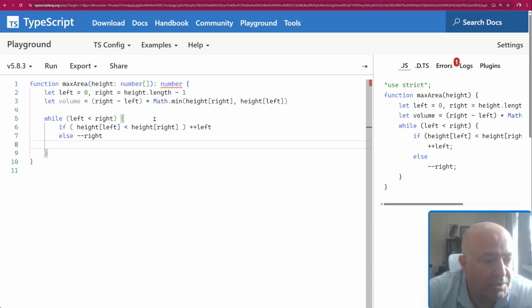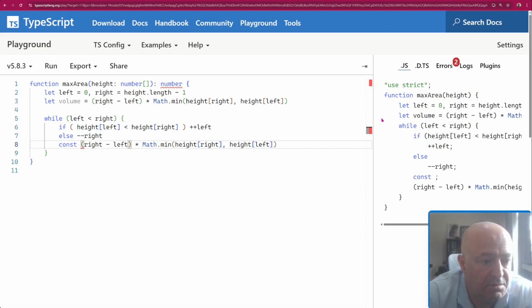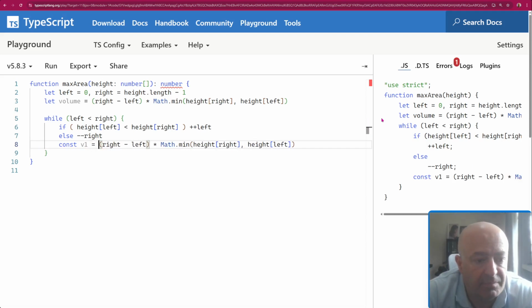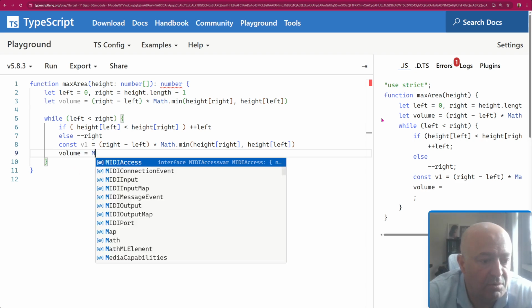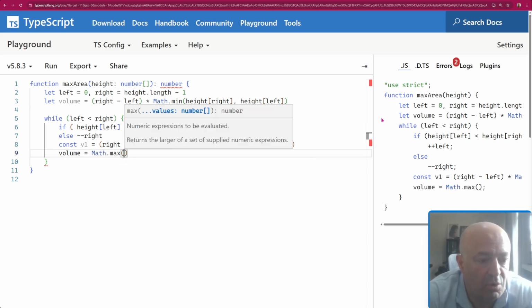Now, we need to recalculate volume. A new volume would be basically the same thing, right? Let's call it constant V1. That's our new volume, with new right or new left, whatever it is. And now let's say volume equals maximum of volume and V1.